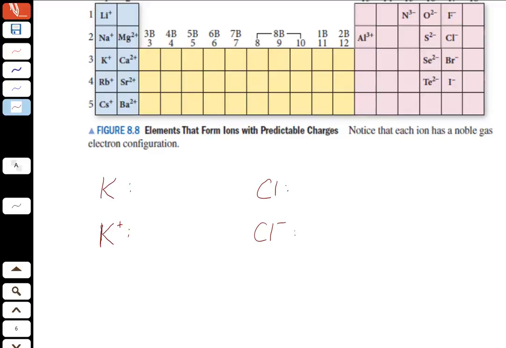All right, you got some configurations? So what do you see? If you look at the configuration of potassium, the atom versus potassium ion, and chlorine, the atom versus chloride ion, what's the difference? Or what kinds of things do you see in those electron configurations? Is there something similar between the configurations of the ions?